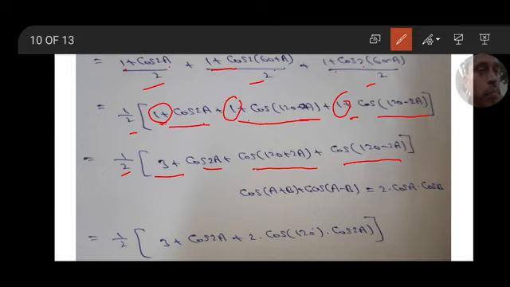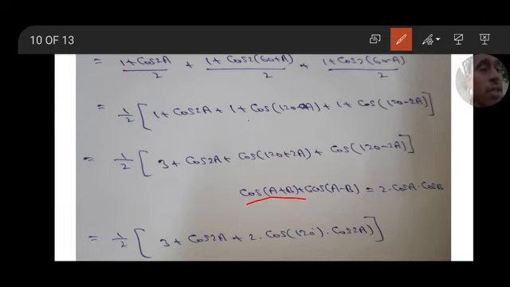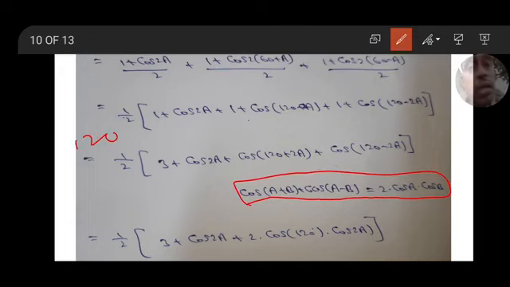Again, these two terms are in the form of cos of (A plus B) plus cos of (A minus B). Cos of (A plus B) plus cos of (A minus B) means 2 cos A cos B, where A equal to 120 degrees, B equal to 2a.